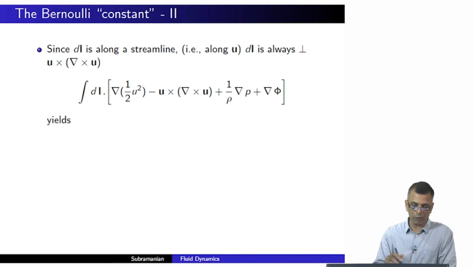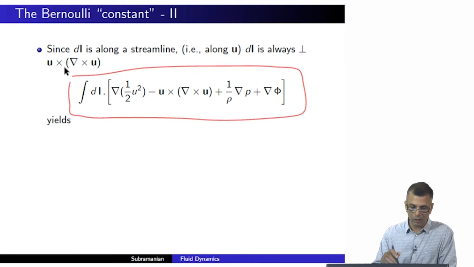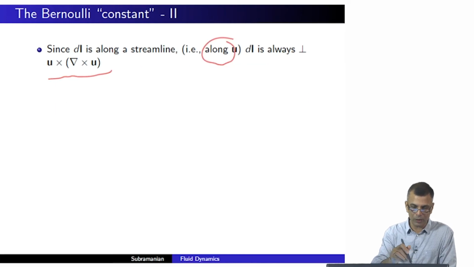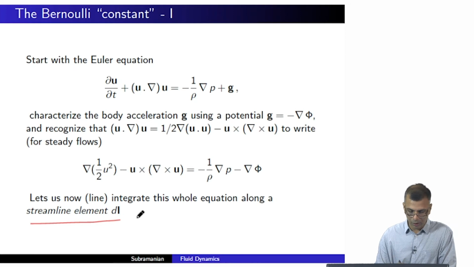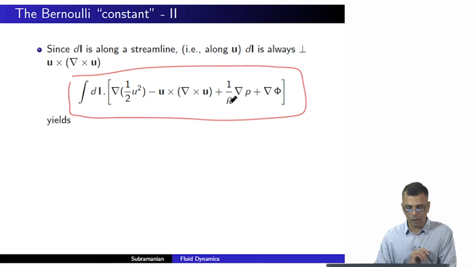First of all, apart from this, this thing is simply integrating. This is simply this. So this line is simply expressed here. And then we make use of this one. So dl is always perpendicular to this entire thing.